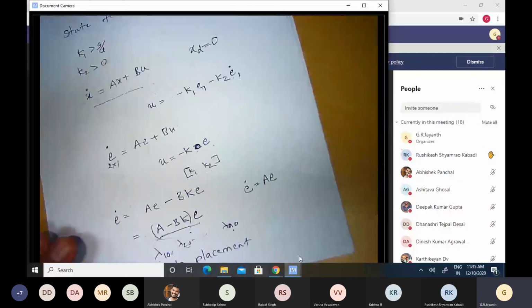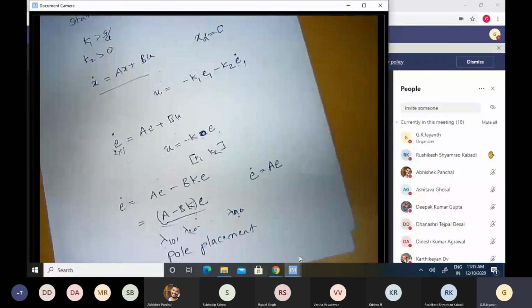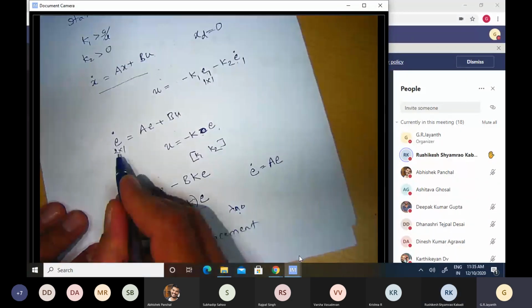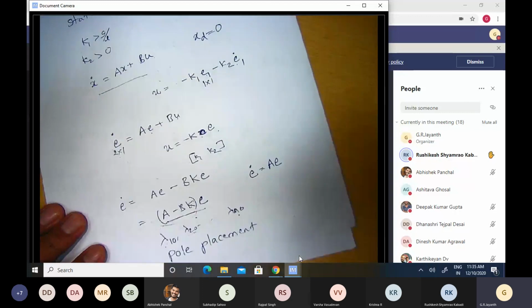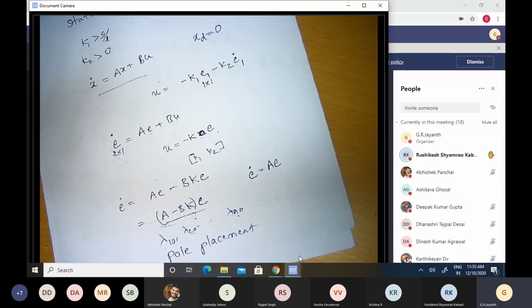I will fix these notation problems in the next class. Maybe I will redefine these differently so that these notation problems don't exist. But this is a 1 by 1 vector, especially for this particular case, whereas this is a scalar and this is a 2 by 1 vector. So there's no inconsistency if notations are taken care of properly.